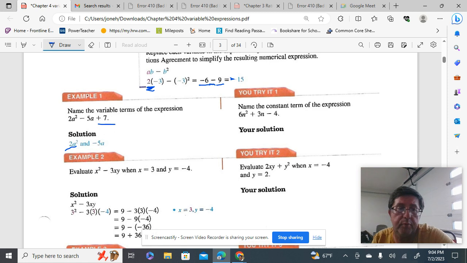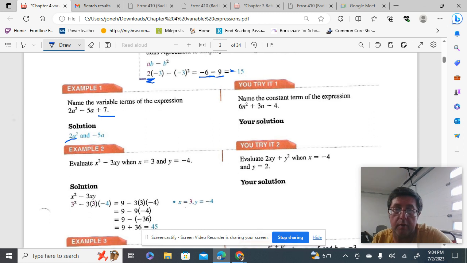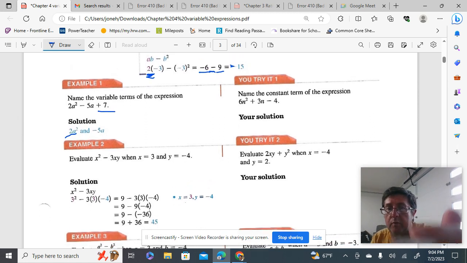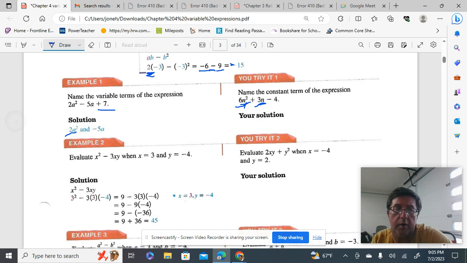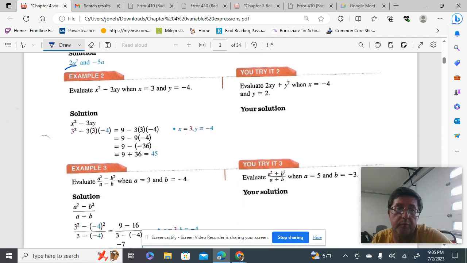We don't include the plus 7 because it doesn't have a variable with it, and we're only dealing with variables right now. If we went over to the you try it, it would be 6n squared as our first, then 3n, and we'd leave the 4 out because there's no variable associated with that one.